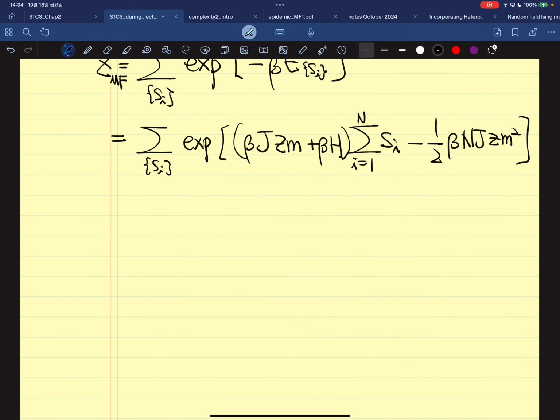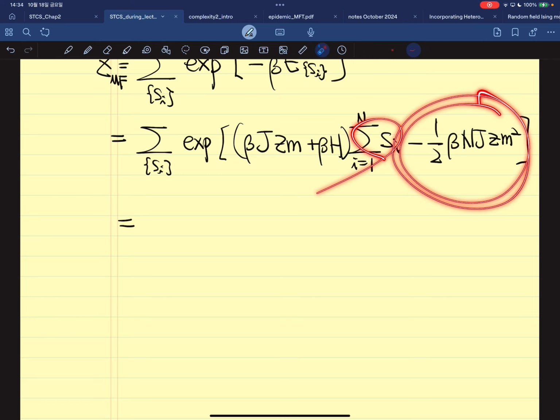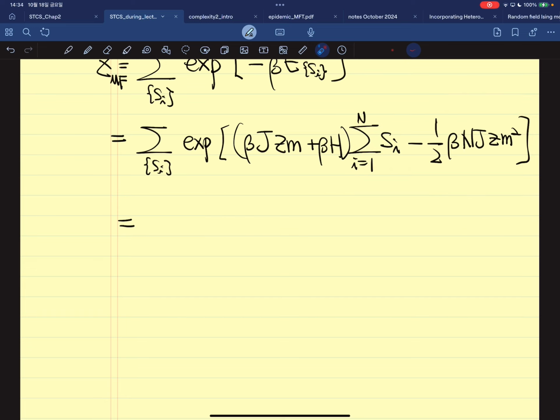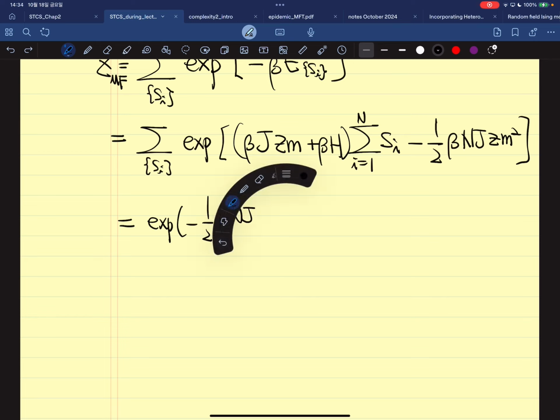The simplest one here is, of course, this term has nothing to do with S, so we can just move it outside the summation. This is a minus inside the exponential, so we can just split this as an exponential of minus, with so many terms here.